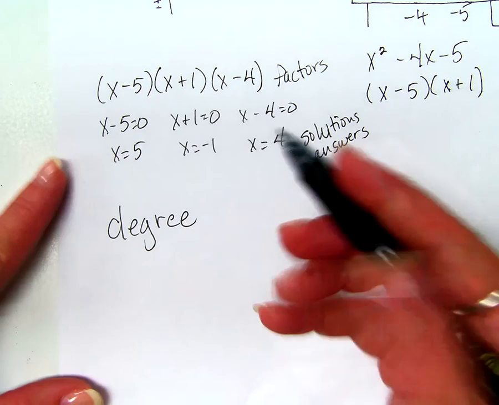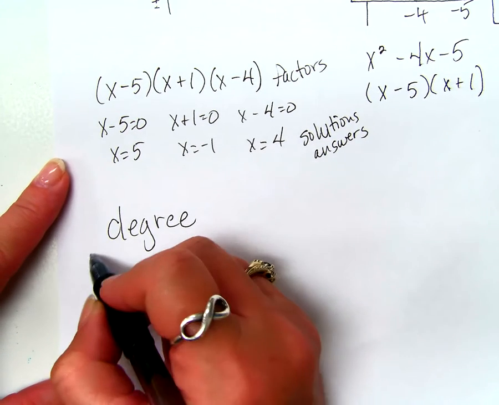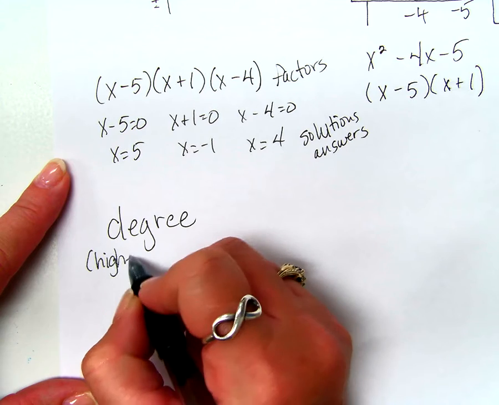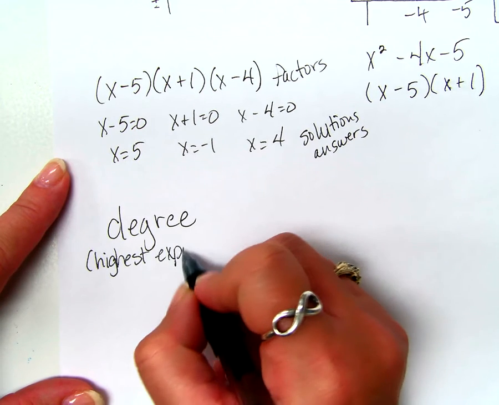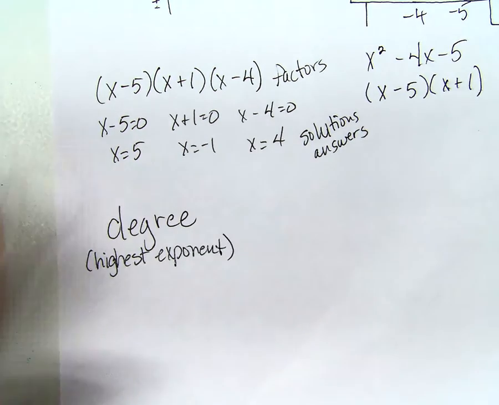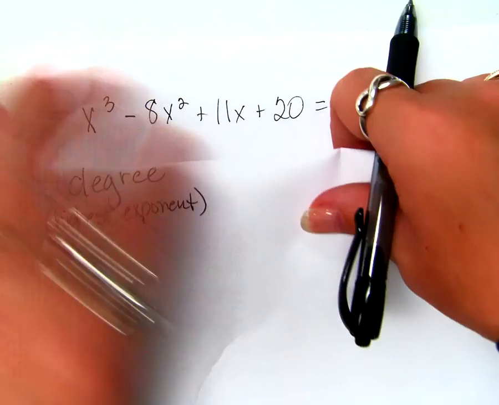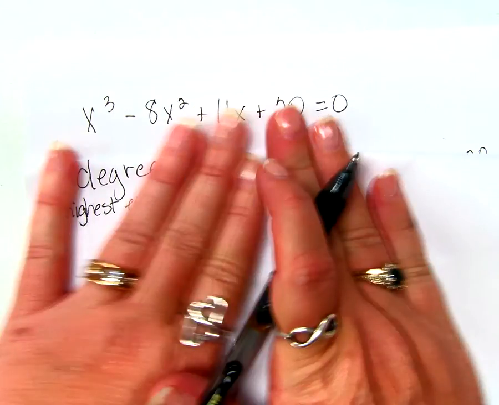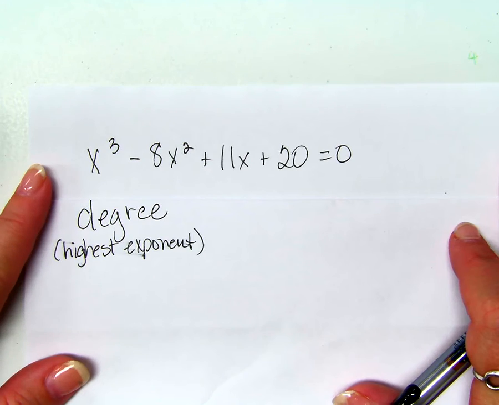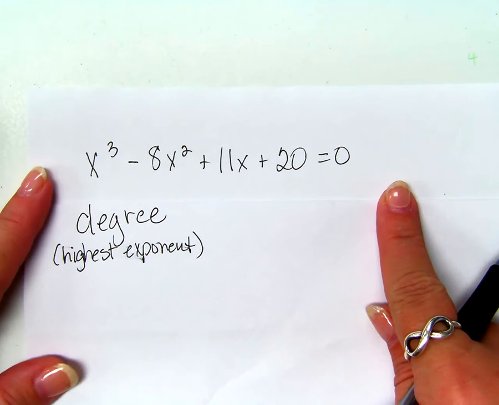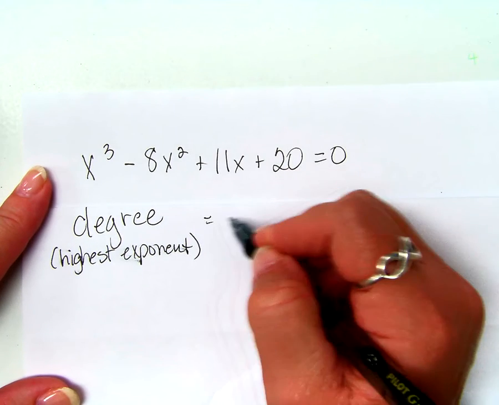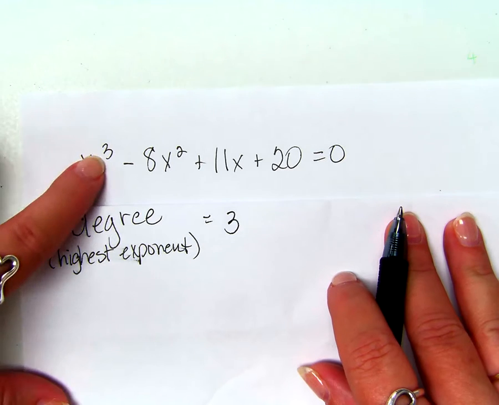In this case, when we say degree, we're talking about the highest exponent. So if you're looking at the degree of this problem, make it a little easier on myself. There. What is the degree of this problem? 3. The degree is 3, because that's what the highest exponent is.